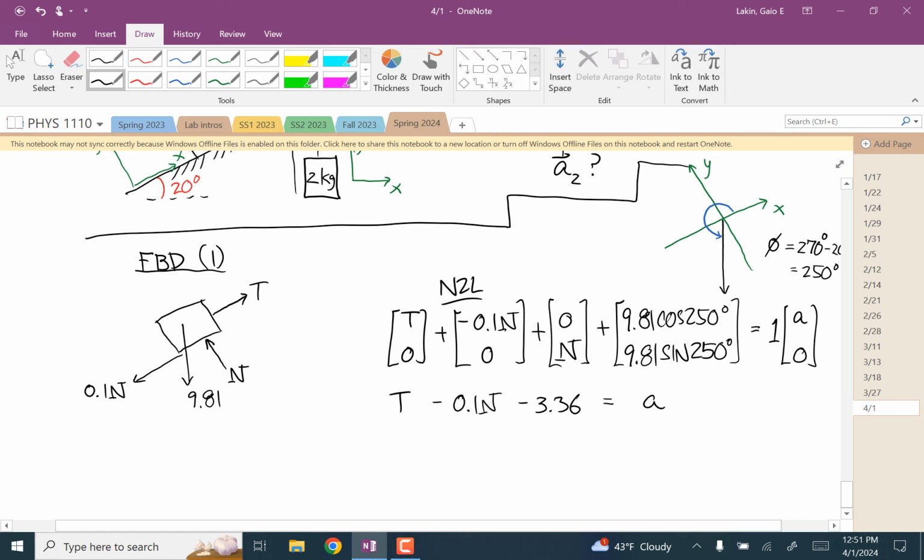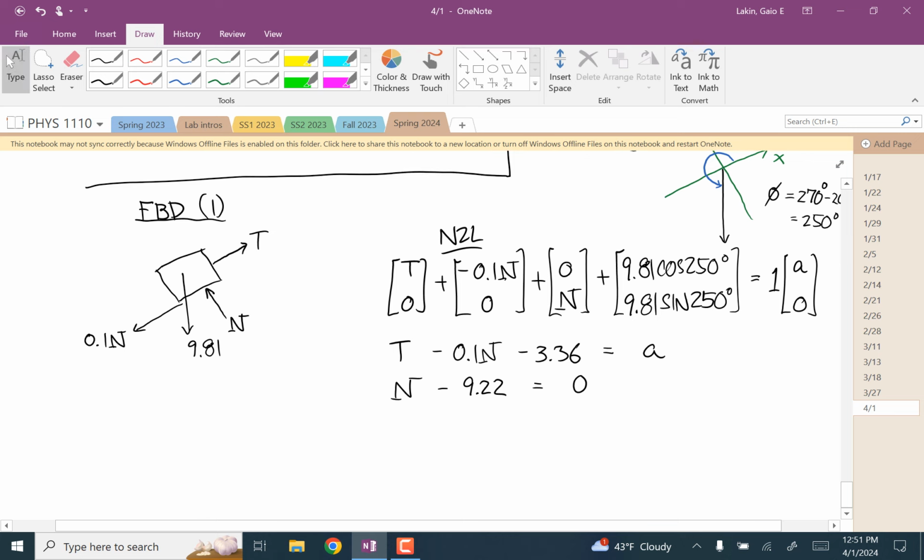And the second equation says N minus 9.22 is equal to 0. And so these are our first two equations.